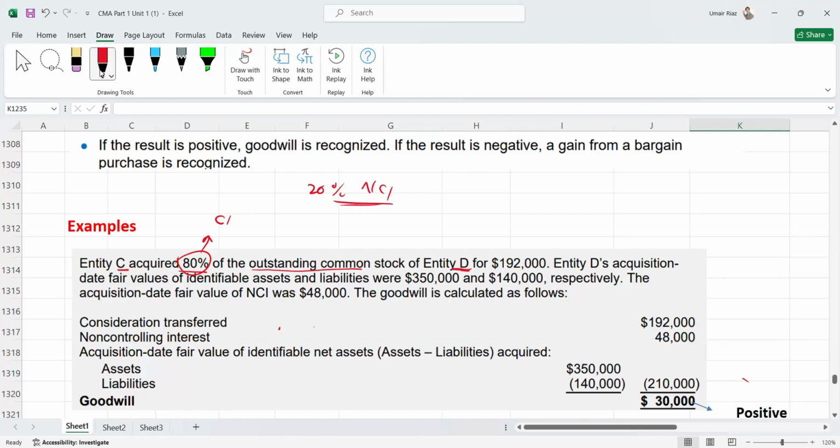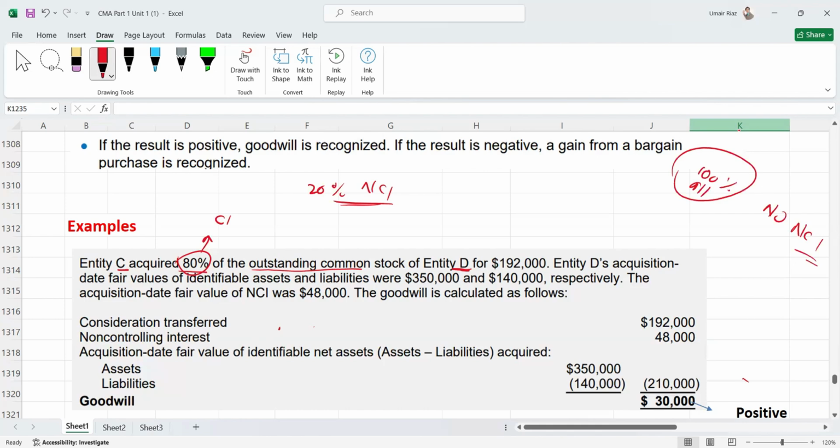Sometimes in your exam question, they may tell you that the parent acquired 100% of the subsidiary, or all stocks of the subsidiary. In that scenario, no non-controlling interest will be there, because you acquired 100%. But if you acquired less than 100 but more than 50, then the NCI percentage will be there.